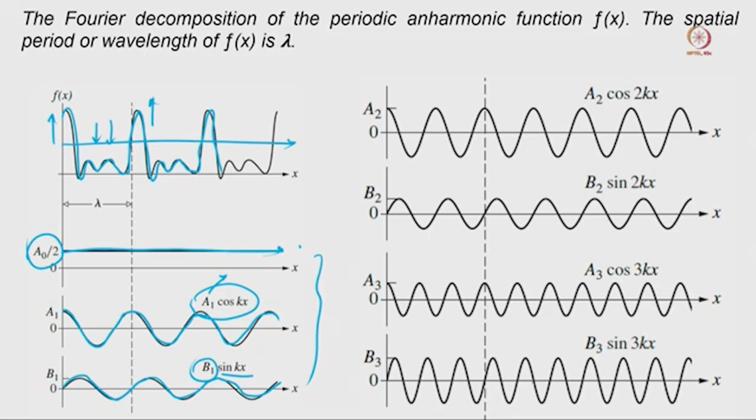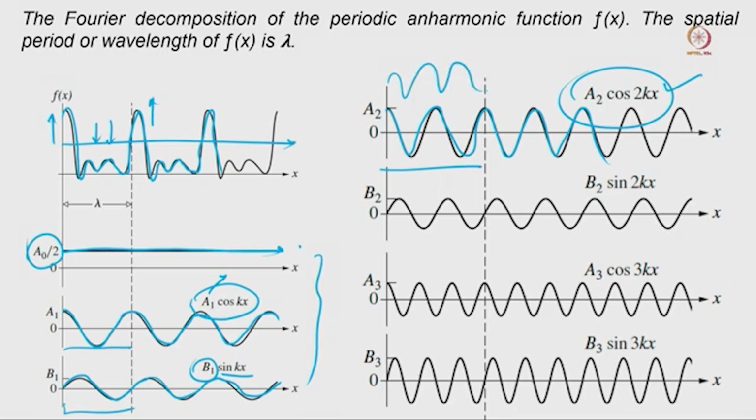Then if I have more and more options, you can see that I can add more different types of waves where the frequency is changing and the oscillation is increasing. Here you can see only one oscillation of that wave, kx, but here you can see there are two oscillations of this wave.